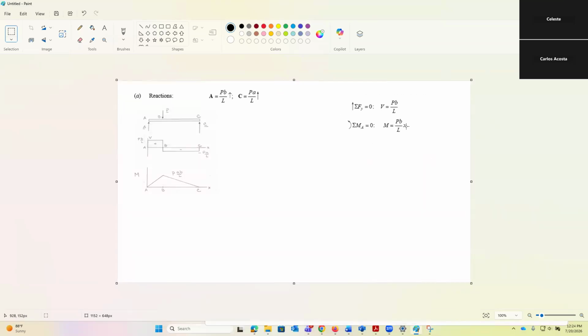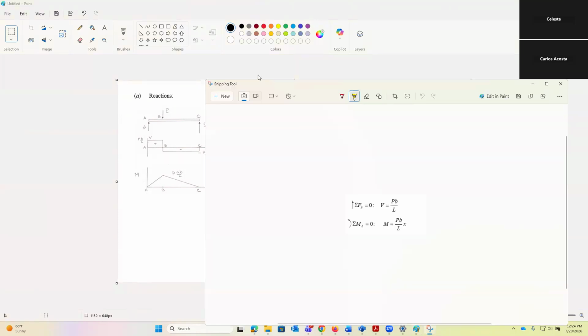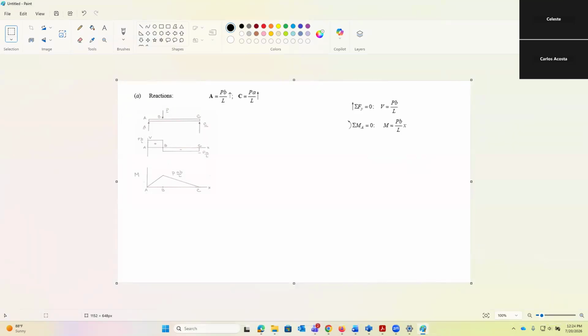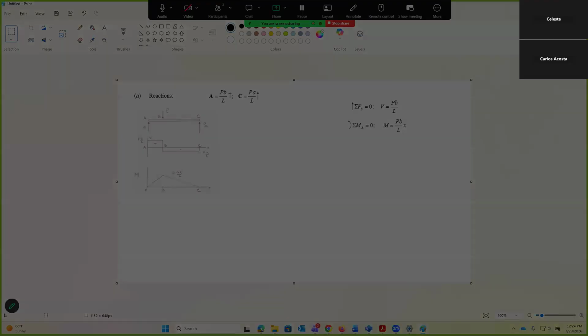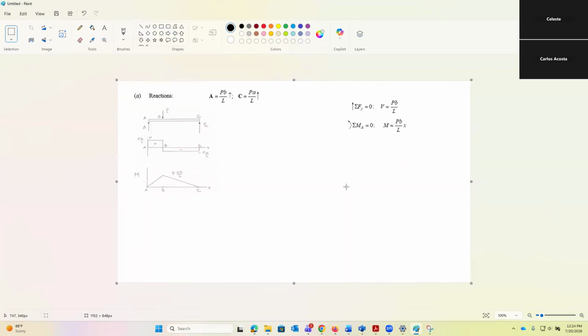Yes, PB divided by L times X. That is this going up. And then the slope going down is here. The slope going down is right here. All right, PA divided by L, L minus X. If this distance is L, it'd be L minus L0.